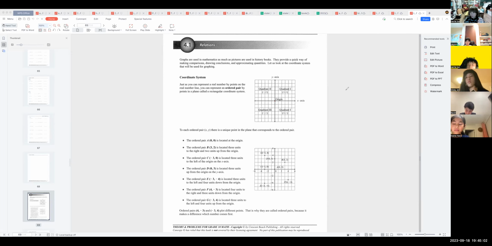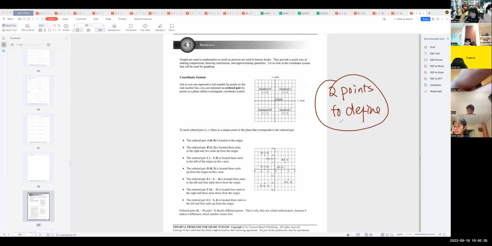Get it? And if I give you 2, 3.6 and 2.5, so Kevin, with these two ordered pairs, you can just define a line. Get it? So we only need 2 points to define a line on a coordinate system.